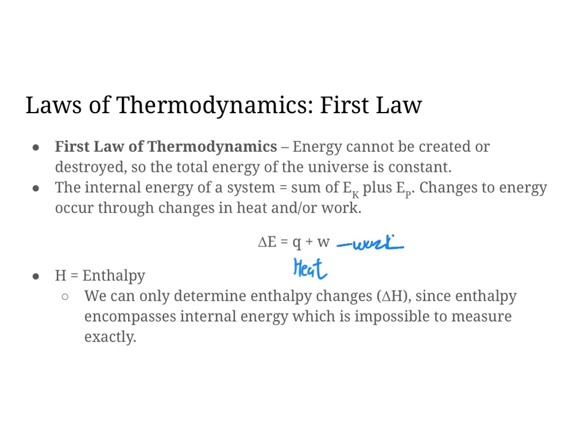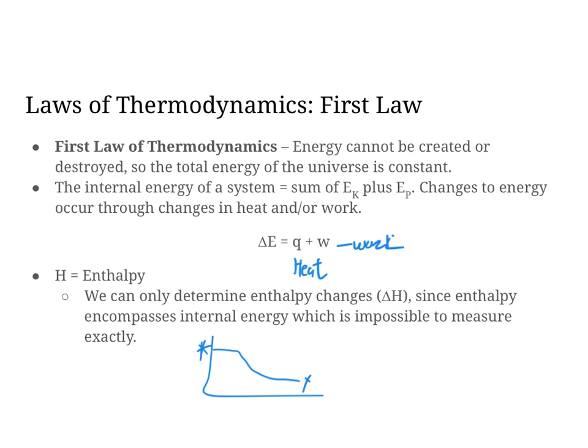And so we may recall that H is enthalpy, and we can determine the enthalpy changes because we're talking about the internal energy, which is impossible to measure exactly. So we always talk about the fact that if there's energy at the beginning of the system, energy at the end of the system, we only care about the beginning and the end. We don't really care about the energy in the middle because that's really difficult for us to measure.